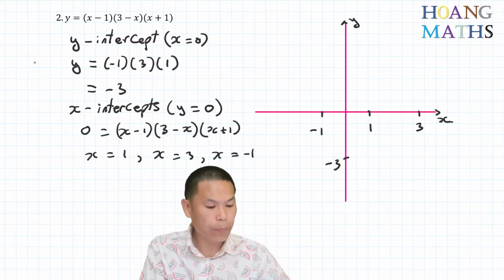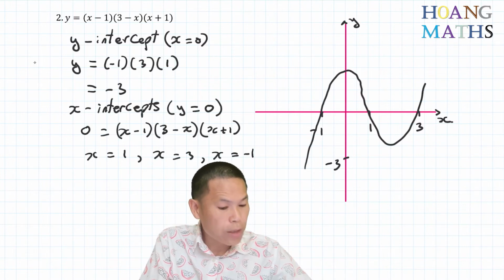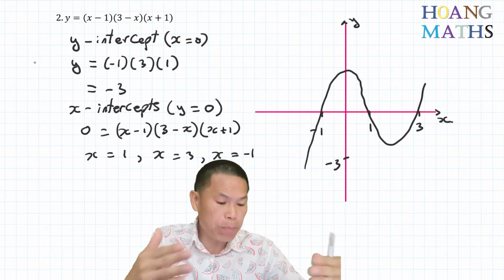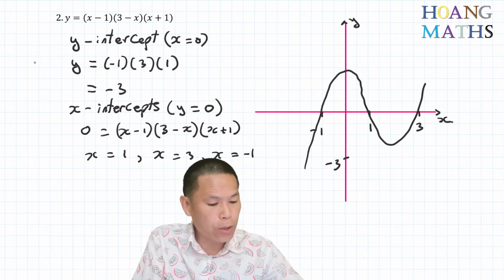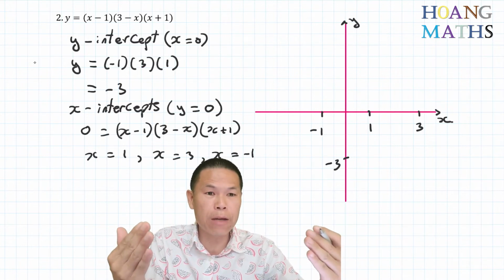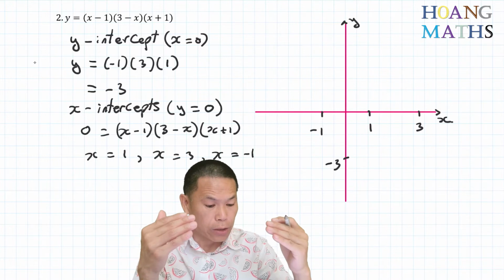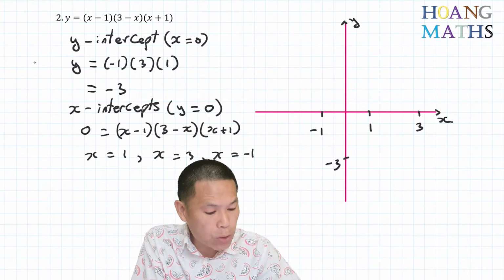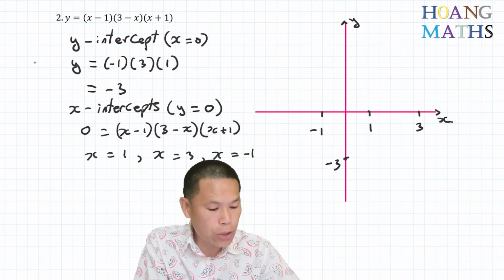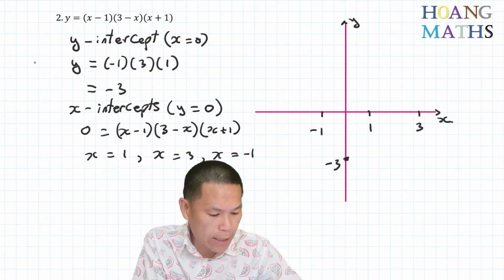So the graph can be like this. But the y-intercept is negative 3, so that is impossible. It has to go the other way. Just keep that in mind for me, okay? This is how you sort this out. We know that the y-intercept is right between 1 and negative 1. So the turning point should be on the y-axis.